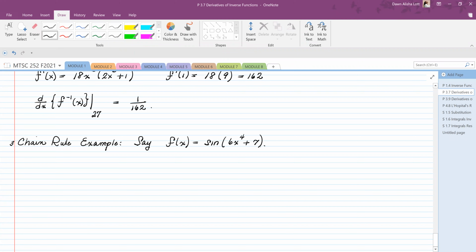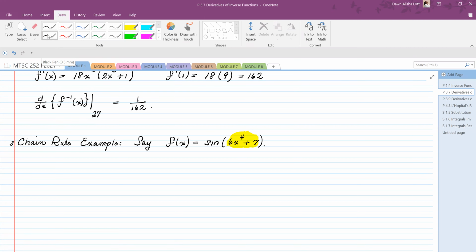So Eric, the outside function is taking the sine of something. This is what I was saying to you: identify the inside function. From what you learned, that is the g of x.